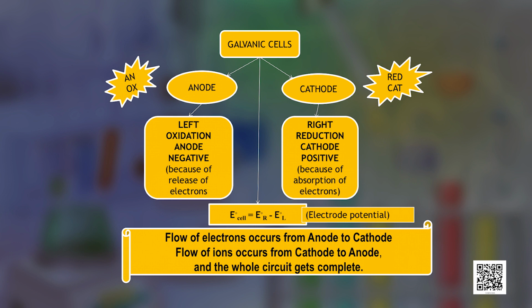The flow of electrons occurs from anode to cathode and flow of ions occurs from cathode to anode and the whole circuit gets complete. Also, the flow of electrons and flow of current is monitored in the opposite directions to each other. I hope you understood all the concepts explained in this discussion.